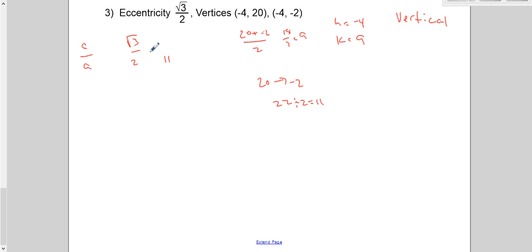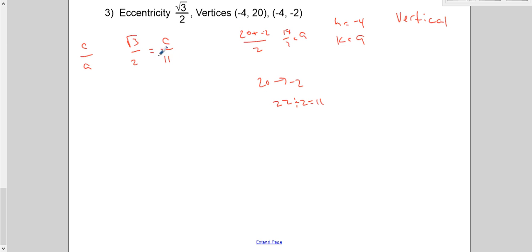So what we need to do is set this up as a proportion because a equals 11. We want to find what is c. Or not, we don't really need to, I guess. Yeah, we do, because we need to use c to find the b squared.